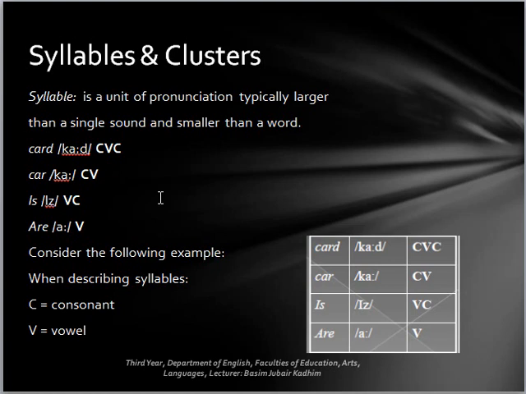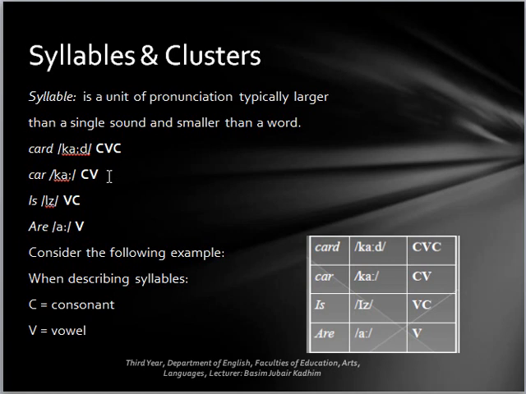So, for example, card. The k, the a, and the d are all combined according to the phonotactic rules to give one syllable. This syllable is called CVC: C consonant, V vowel, and C consonant.